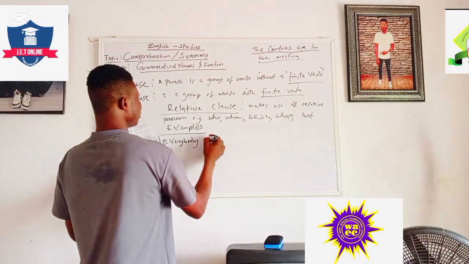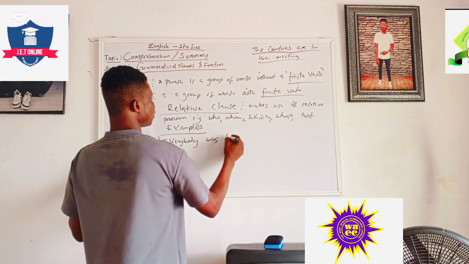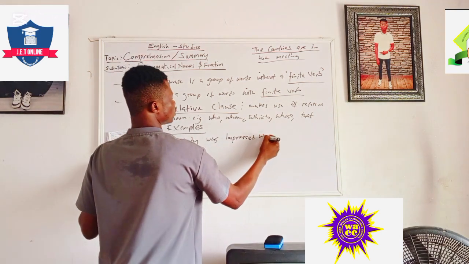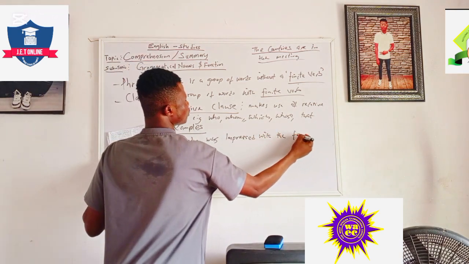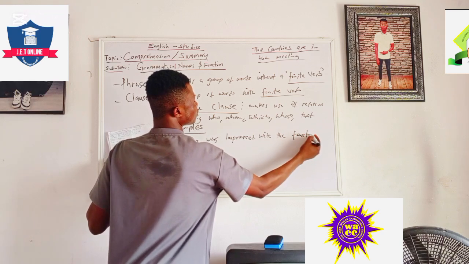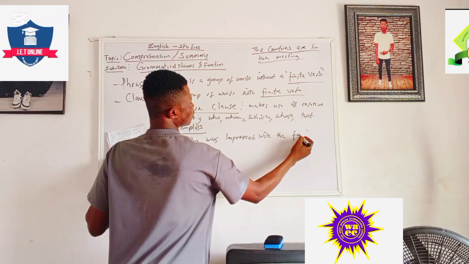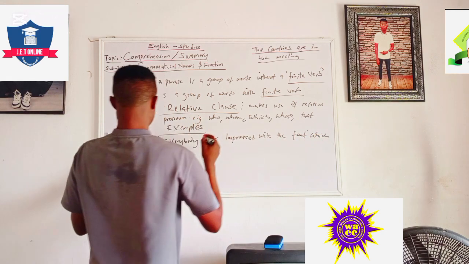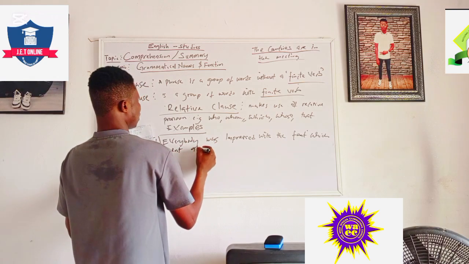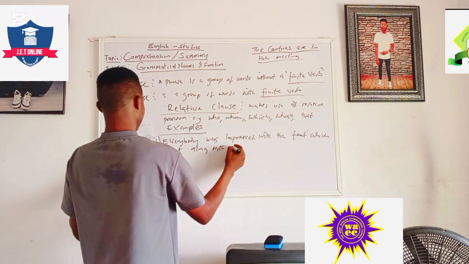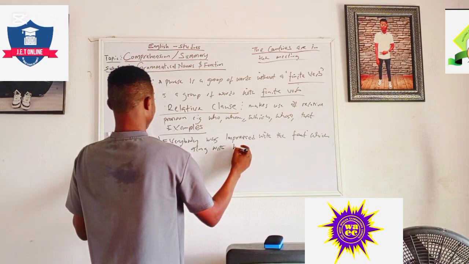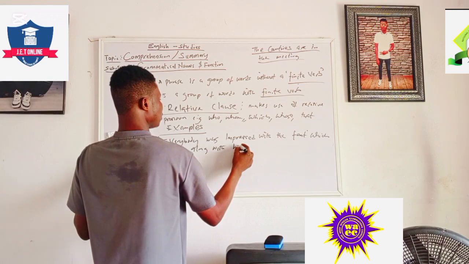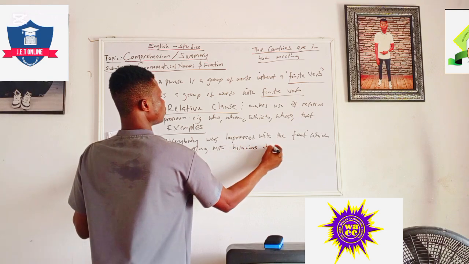I'm trying to extract all the whole sentences from the passage. I got all of these examples from it. "Everybody was impressed with the feats, let's see, the feats which went along with hilarious drumming."